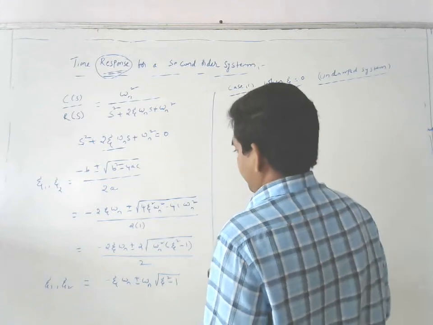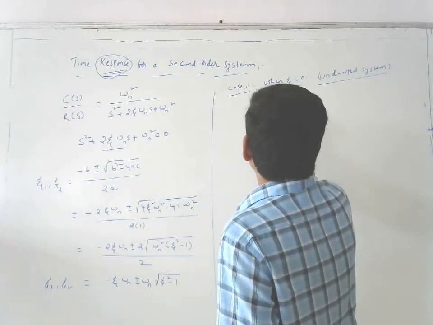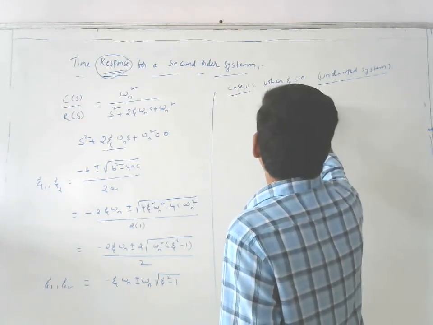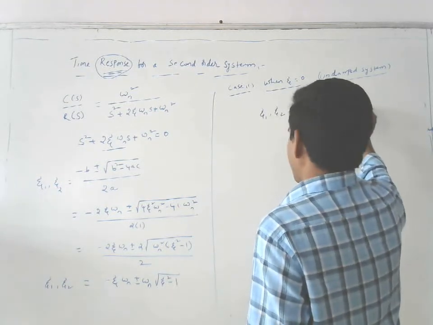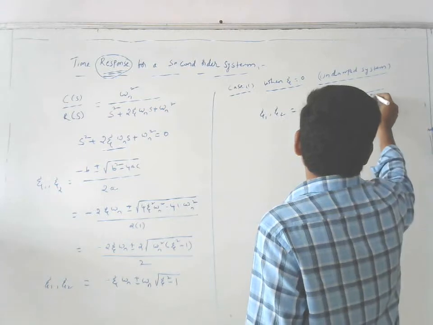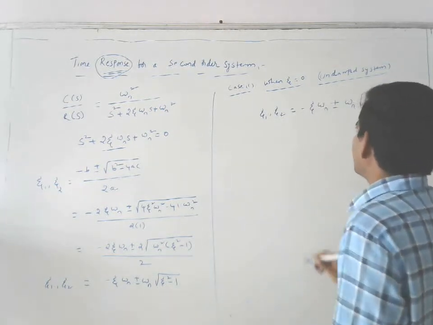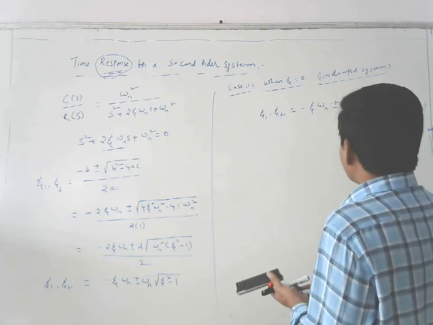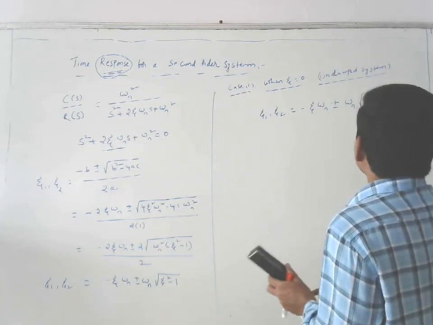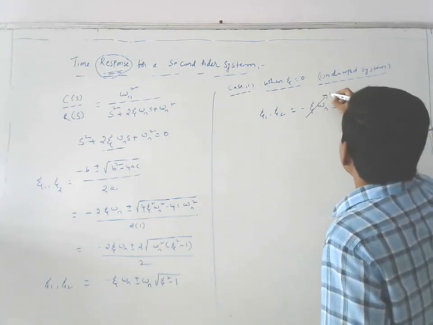So s1, s2 equal to minus zeta omega n plus or minus omega n into square root of zeta square minus 1. Now substitute zeta equal to 0. If zeta equal to 0, this term becomes 0.